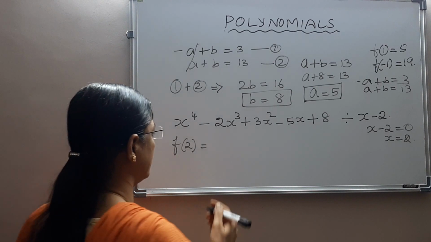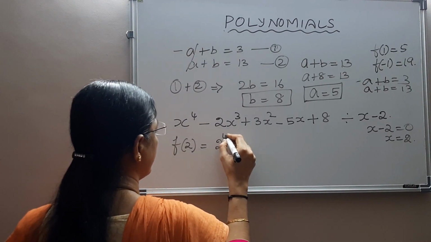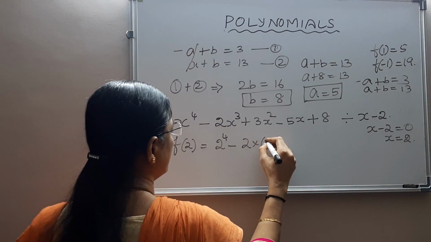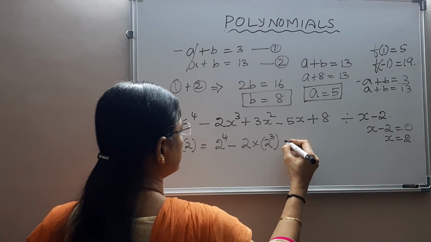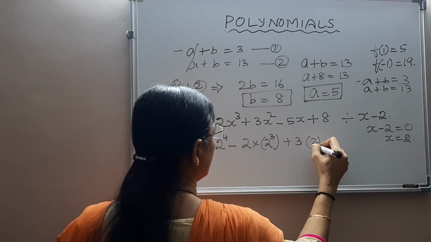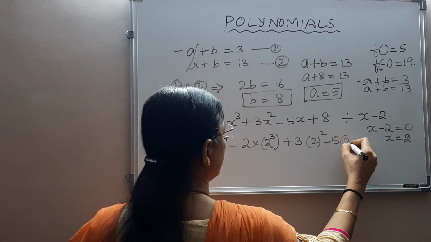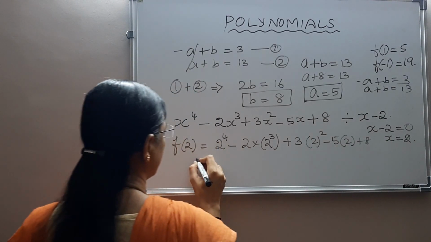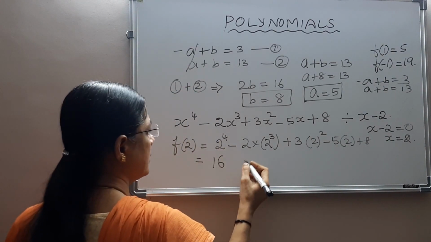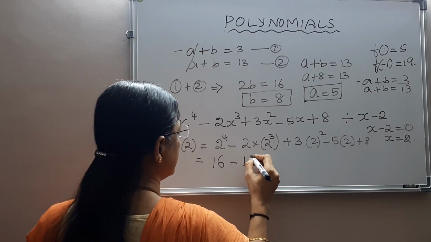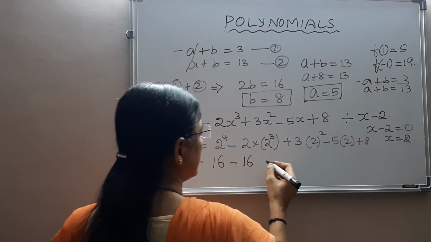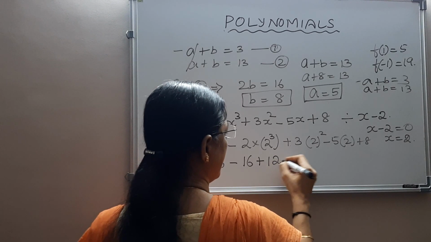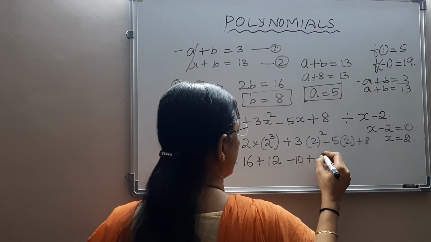So that is the remainder theorem, isn't it? So 2 power 4 minus 2 into 2 cube plus 3 into 2 squared minus 5 into 2 plus 8. Now what do we get? 2 power 4 is 16, minus 2 into 8 is 16, plus 3 into 4 is 12, minus 10, plus 8.